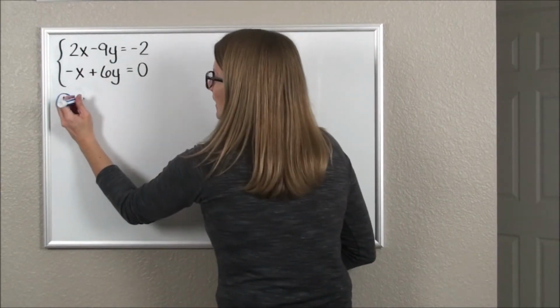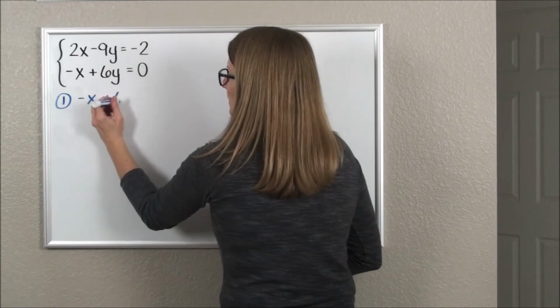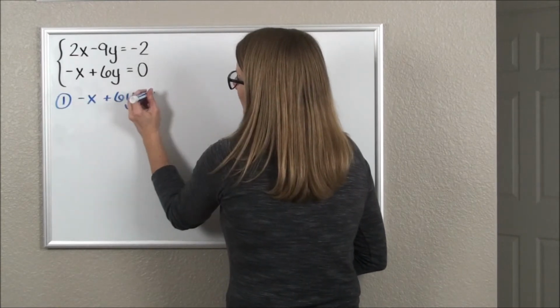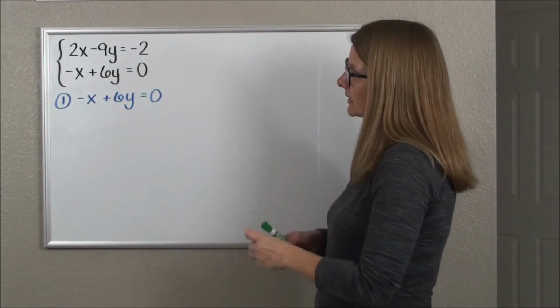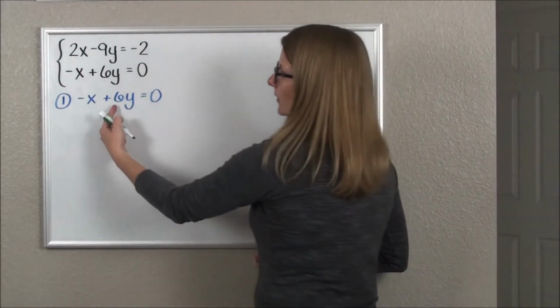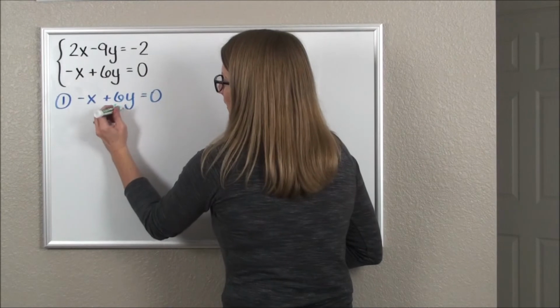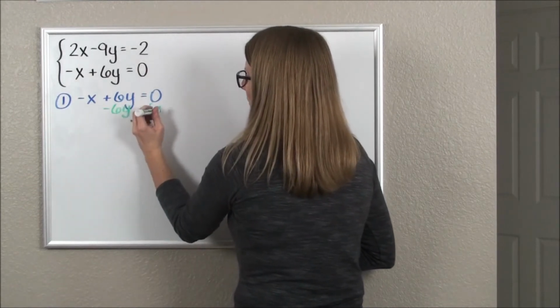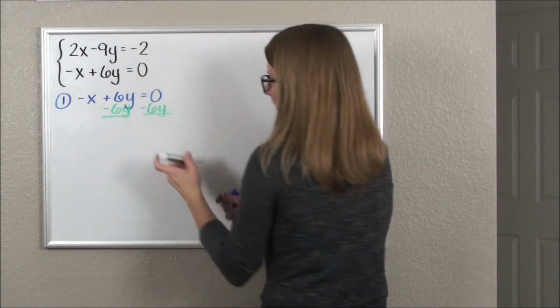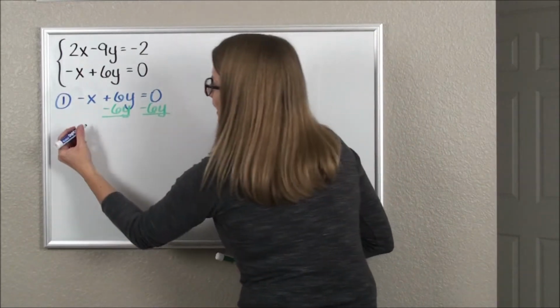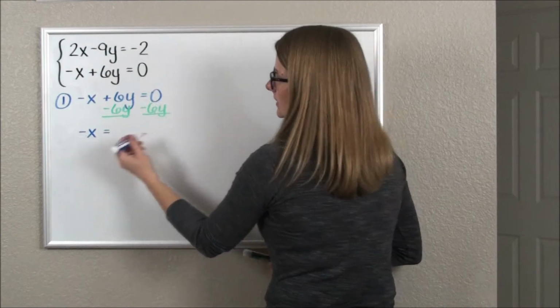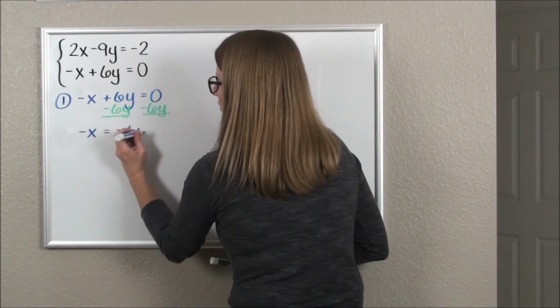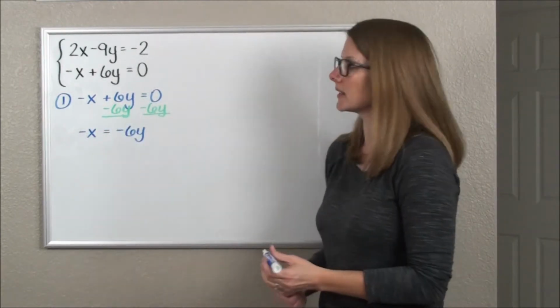So let's try that second equation, negative x plus 6y equals 0, and we want to get the x by itself, so it says x equals. So first I'll relocate the 6y to the other side. Since it's a positive 6y, I'm subtracting to relocate it. That leaves me with negative x on the left, and 0 minus 6y, the 0 doesn't contribute anything, so it's just going to be negative 6y.